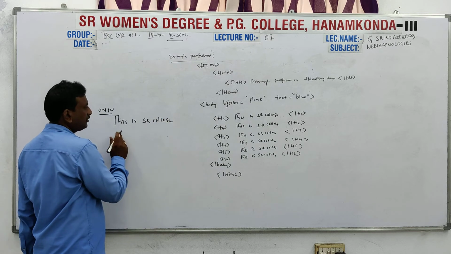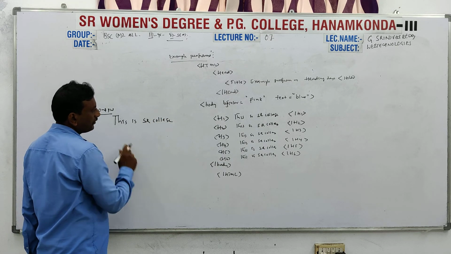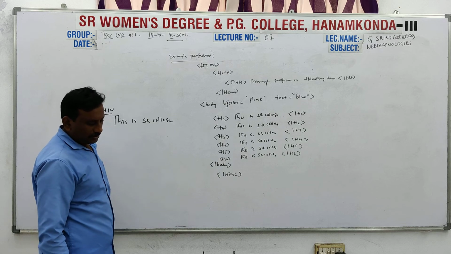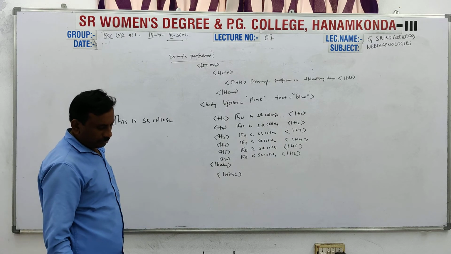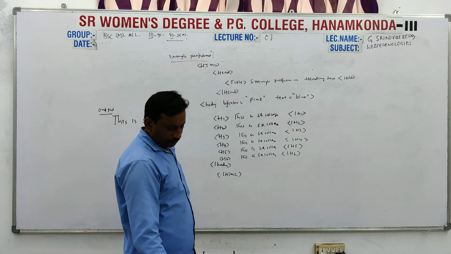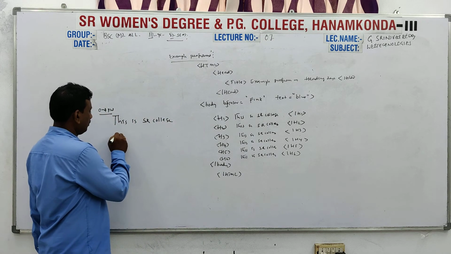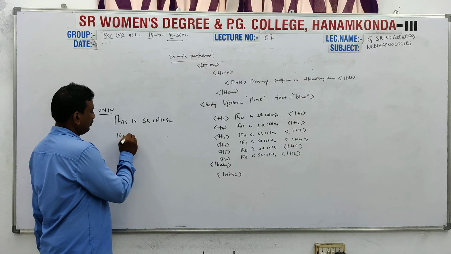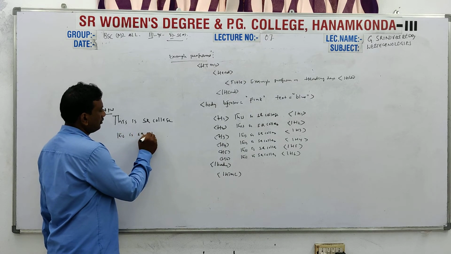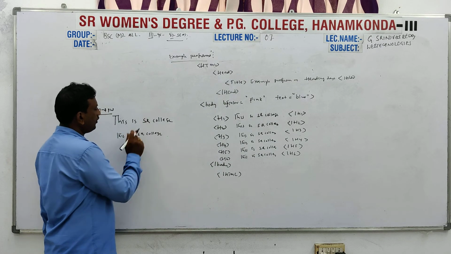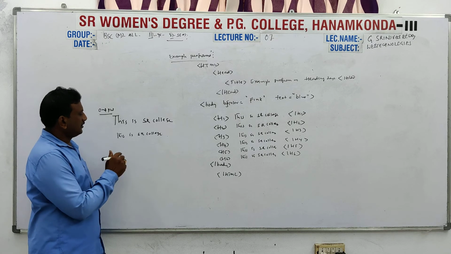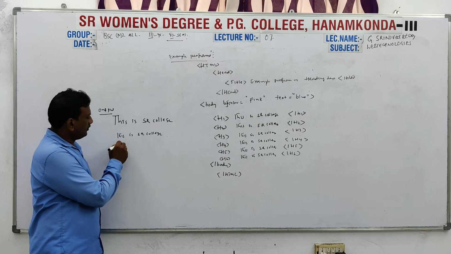This is a subtopic. Six lines are there. Next, this is SR college. Compared to here, the size will be decreasing. Next, the third one is smaller.